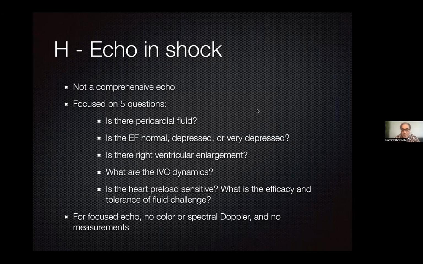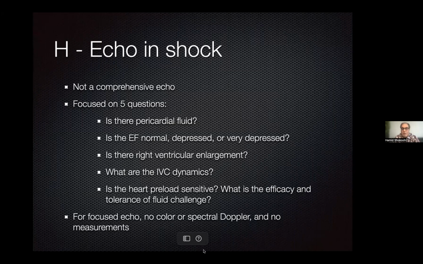We are just simplifying it. There are a lot of measurements to identify RV dysfunction, but I'm trying to simplify what we are thinking. And look at the IVC dynamics. You see if the IVC is collapsed, super dilated, or something in between.